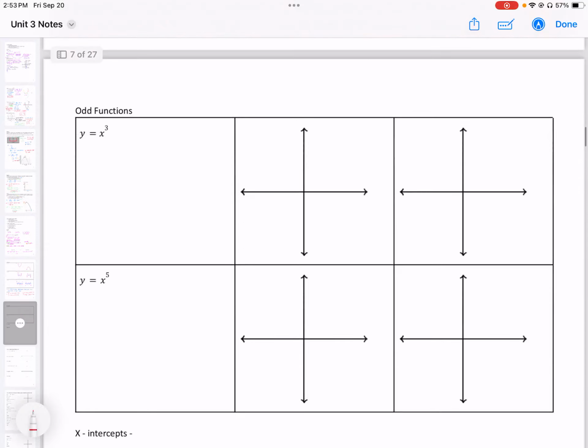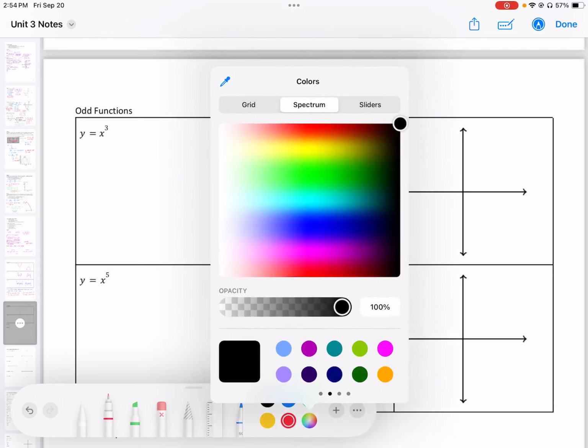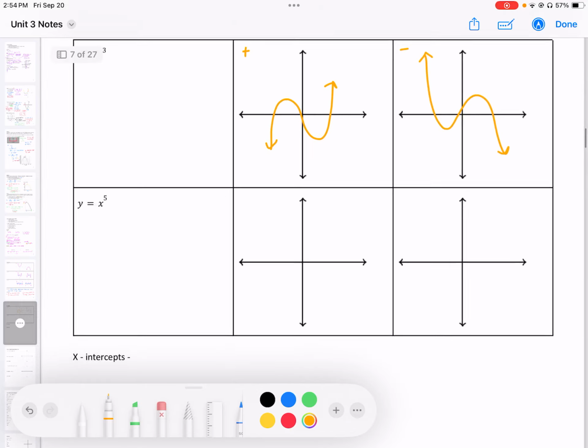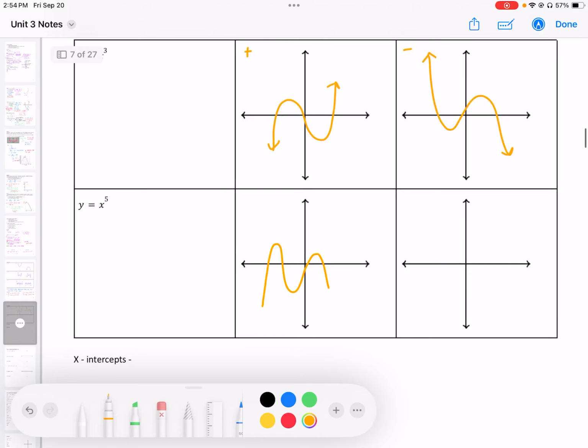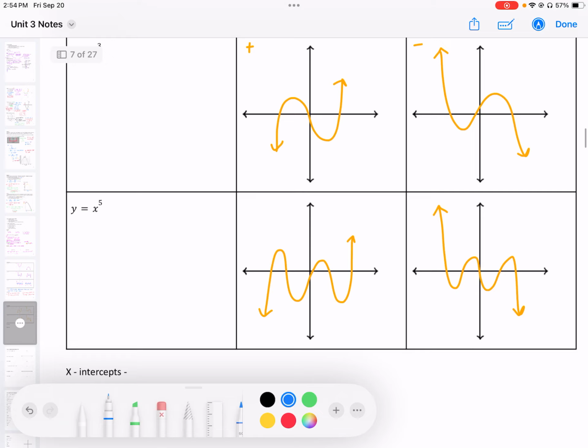Moving on, we have the odd functions. The odd functions are going to look slightly different. So for a positive power of 3, it'll look like this. For a negative power of 3, it'll look like that. Power of 5 will have up to 5 x-intercepts, either starting low and going high, or going high and then going low.